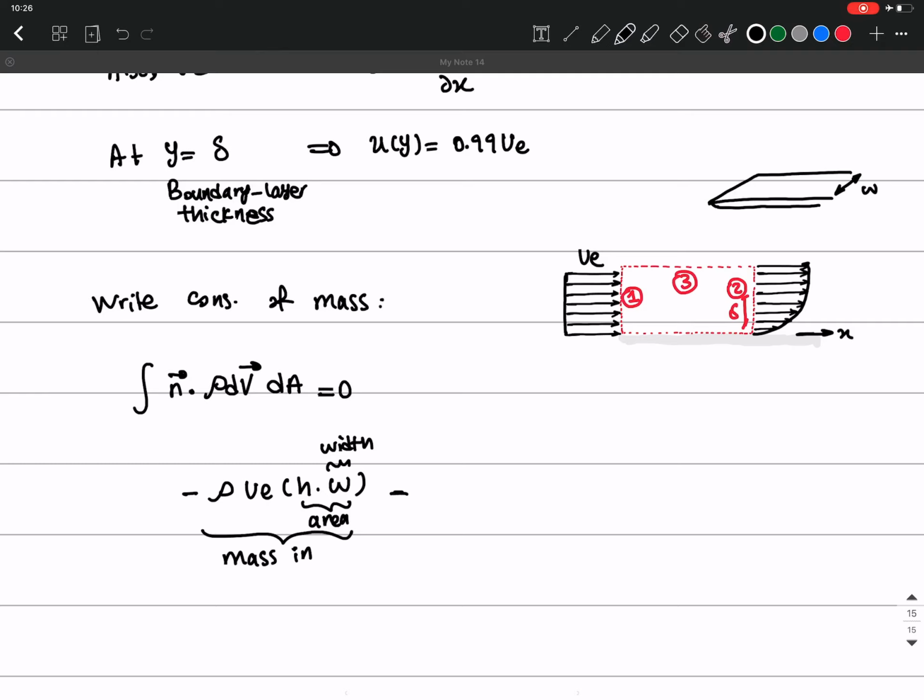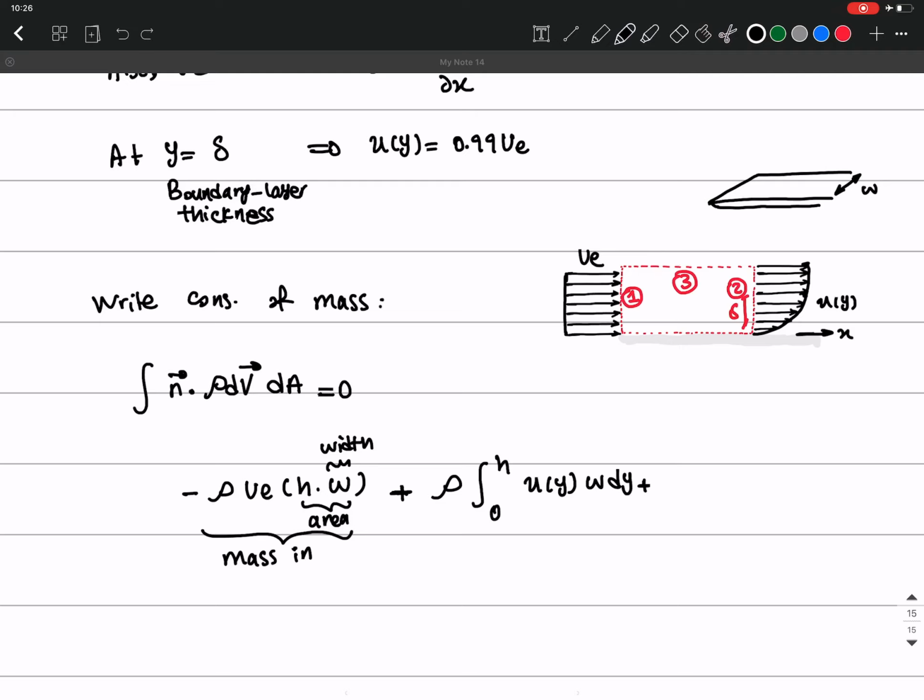And then I want to calculate the mass that goes out of that. So I have rho. The density is constant here, so I can take it out of the integral. The first thing I have is up to here, up to delta, we have U. The whole thing we have Uy. Okay, so let me just write it down generally. So 0 to h of Uy W dy plus, also we have, again, as I said, the velocity that goes out here.